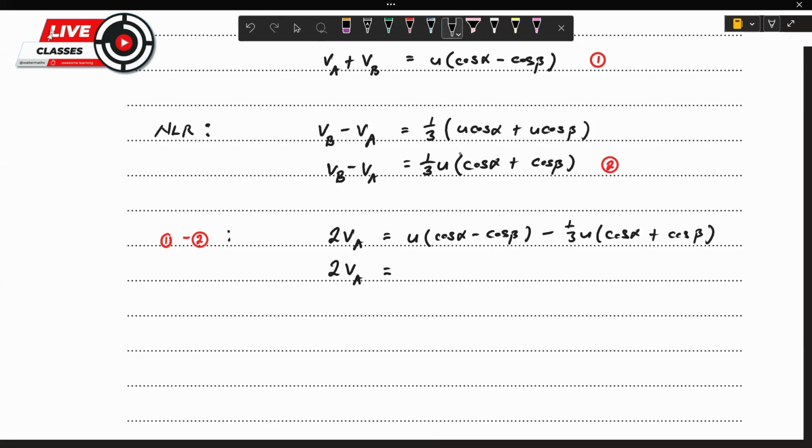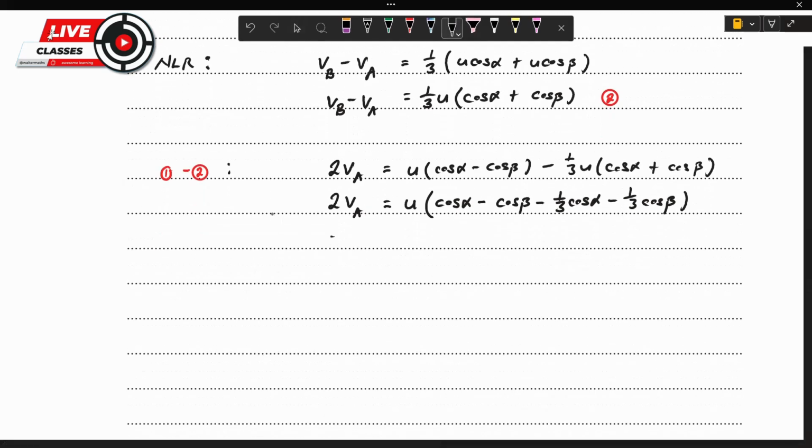I'm going to factor out U, so we'll have cos alpha minus cos beta minus a third cos alpha minus a third cos beta.